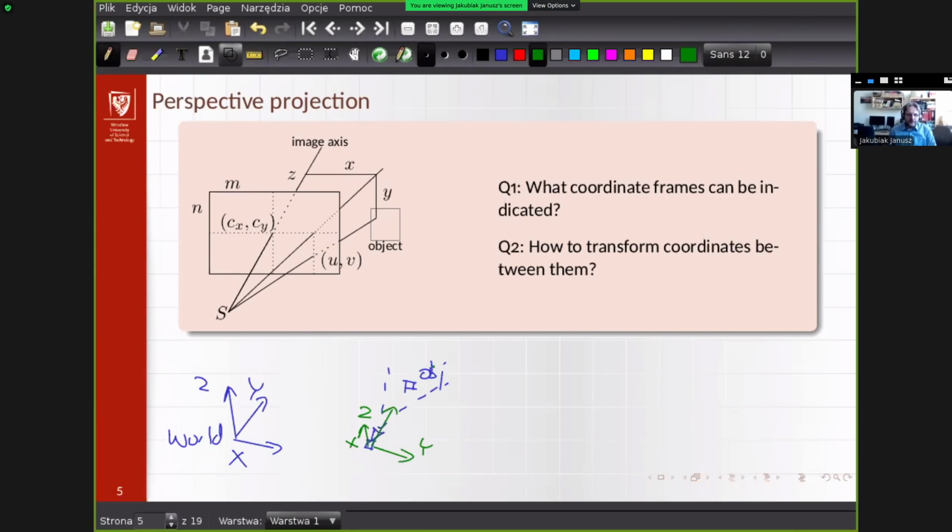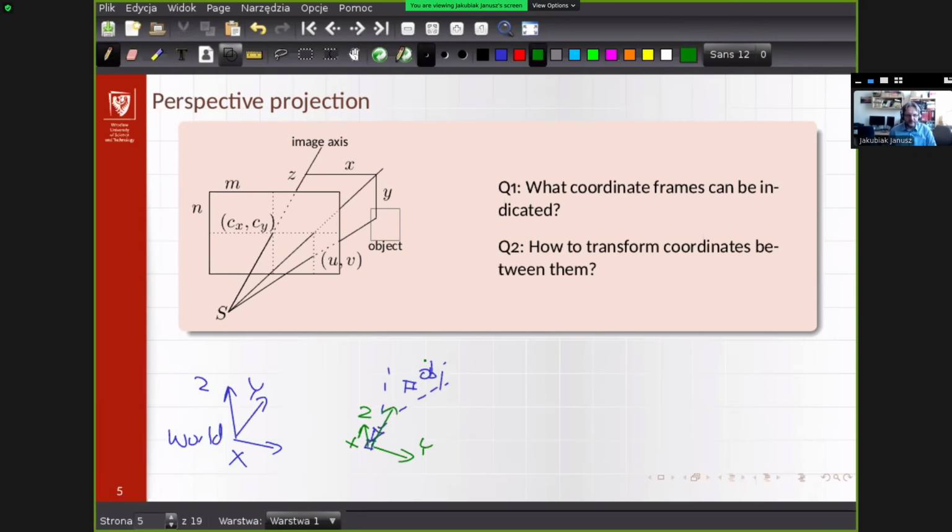That will be the local coordinate frame associated with the camera looking at the object, because the object is visible in the center of the camera.